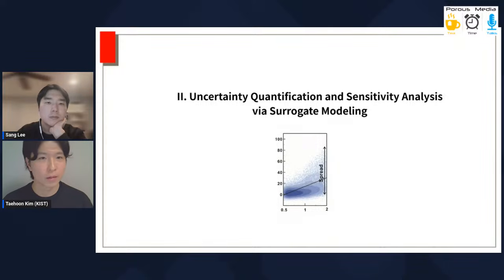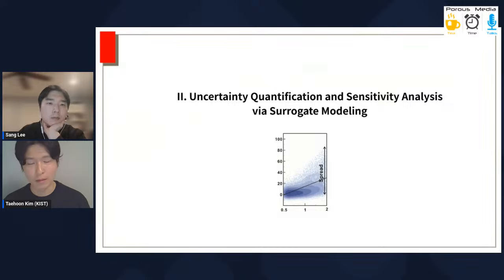But here's the thing. With single deterministic predictions, we cannot be so confident in the predictions because they have many uncertainties in the subsurface, like heterogeneity, parameter variability, or some other complexities.